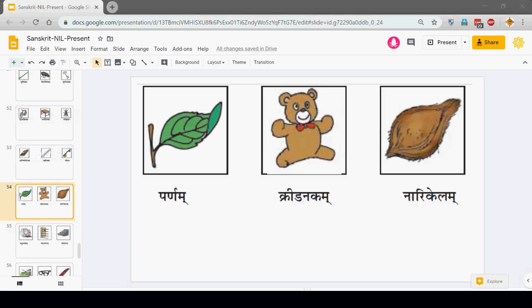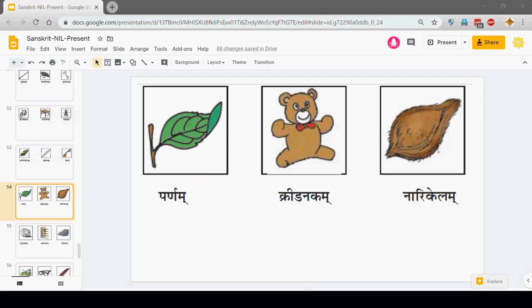No. This one? Yeah. What is it? Pa. No. Ma. After that? That's na. So remember the hook here. Hook, top to bottom. What does the hook indicate? Ra sound. Ra.